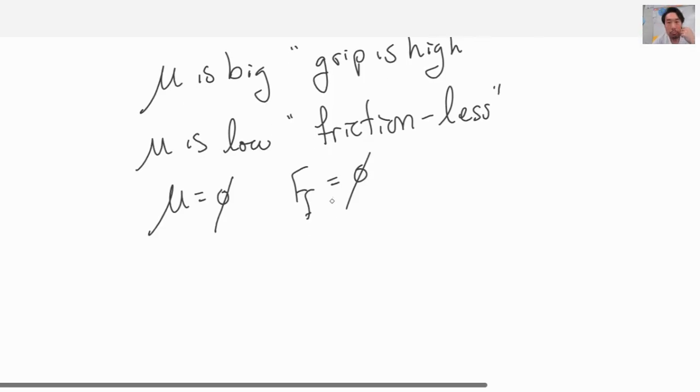When we say ignore friction or friction doesn't exist, the reason we have to state that is because in the real world, friction actually does exist. So this is a purely theoretical situation.